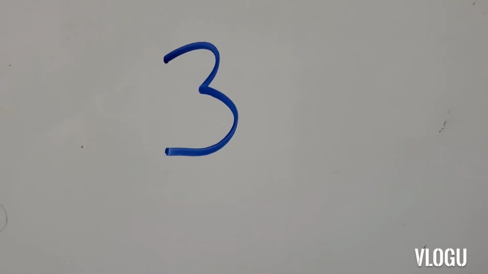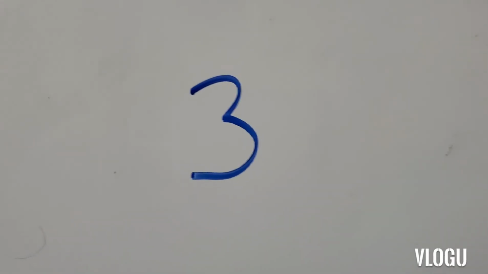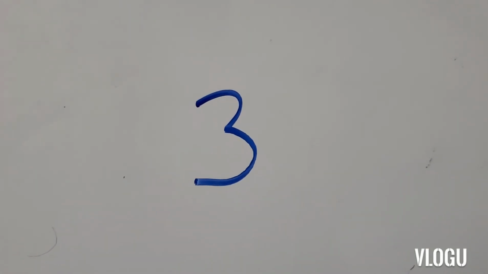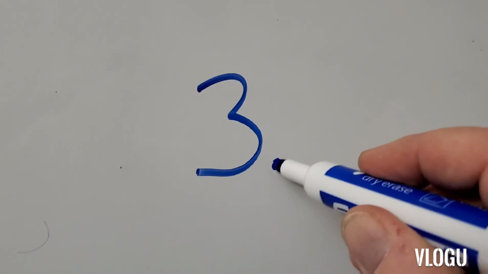Let's take a look at the number 3. So there's a decimal here in this number, but we don't see it because we don't need it. But right now there is a decimal and it would live right here.